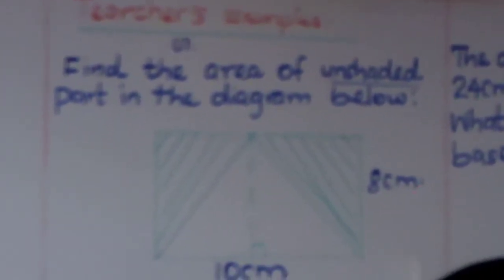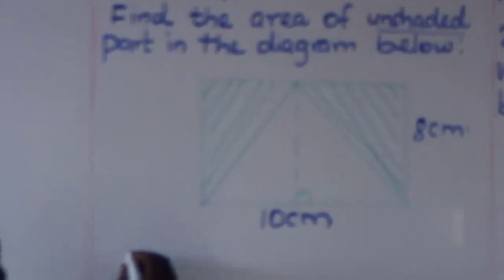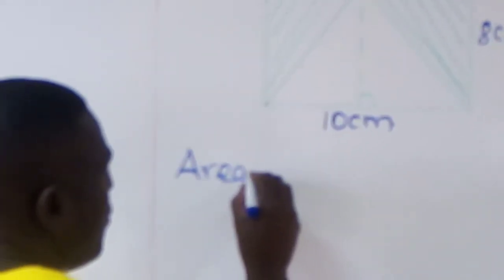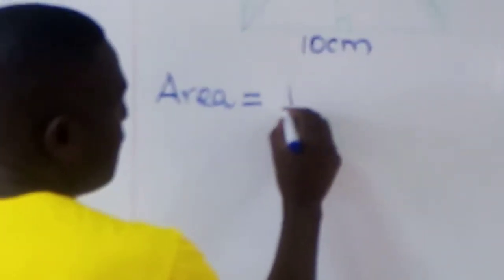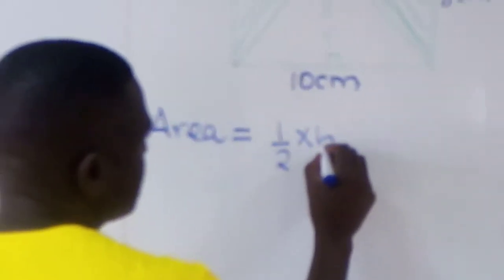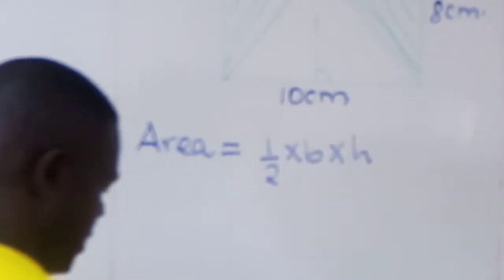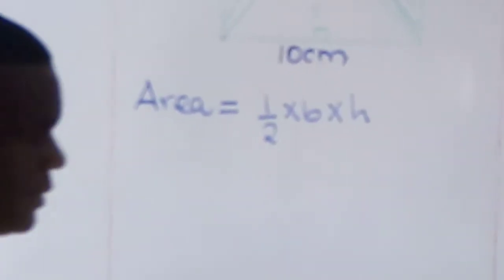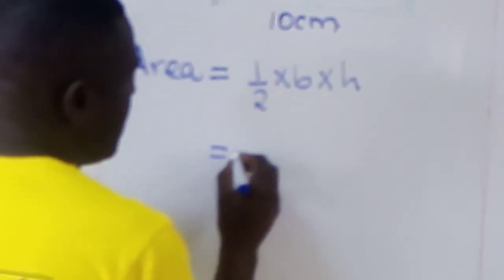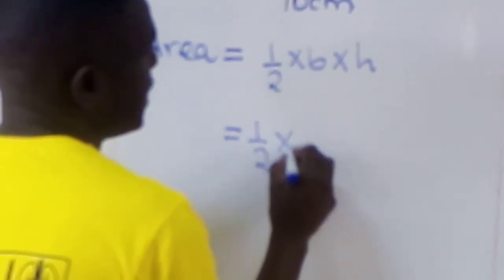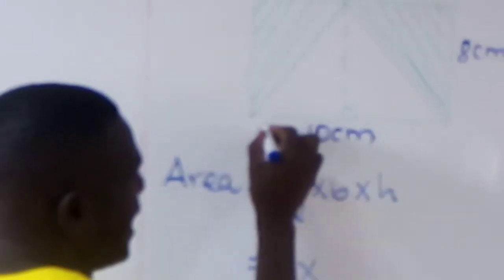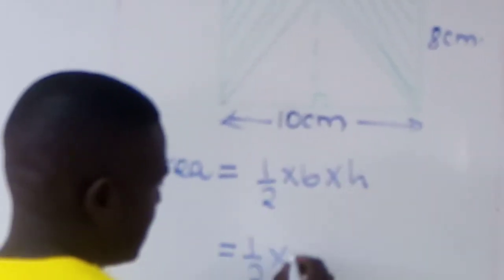Now, the formula for finding the area of a triangle would be half times base times height. Now we have to identify the base. Here, we write half times base. Base is 10 centimeters.